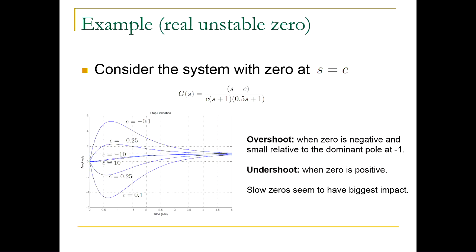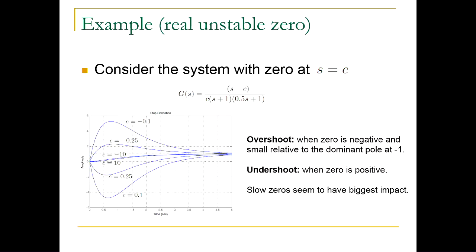So if you now plot step responses of this system for various values of c, you find that the response for c equals 0.1 is basically this. 0.25 is this, etc. And then negative c's are plotted up there.